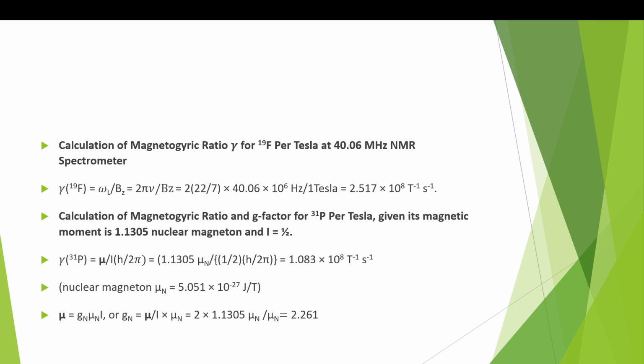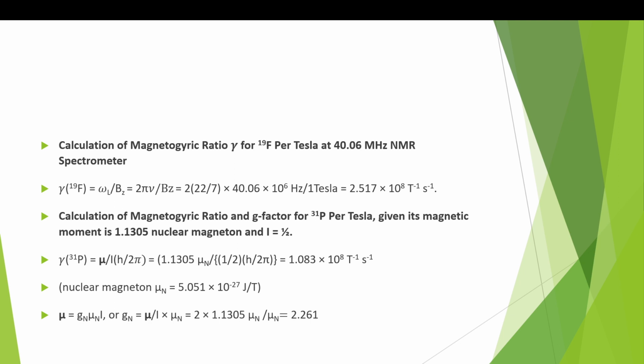Calculation of the magnetogyric ratio for fluorine. Just by putting in the data, we obtain the gamma value. Similarly, calculation of the magnetogyric ratio and g factor for phosphorus-31. The spin value is given, half, and the magnetic moment is given, 1.1305 nuclear magneton.